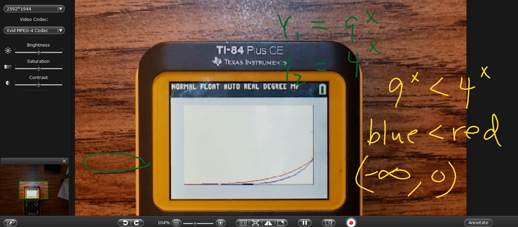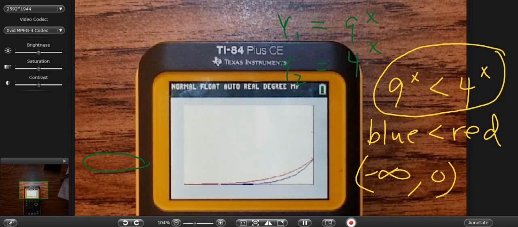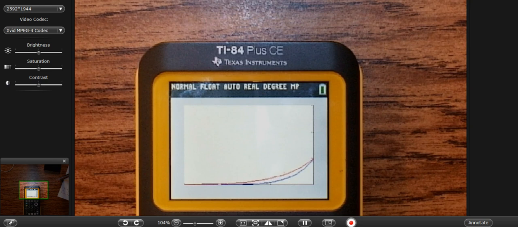What happens right at 0? They're equal to each other, and this clearly does not ask me for where they are equal, only where 9 to the x is smaller than 4 to the x. Okay, so that's the answer to 35. Okay, what's next?